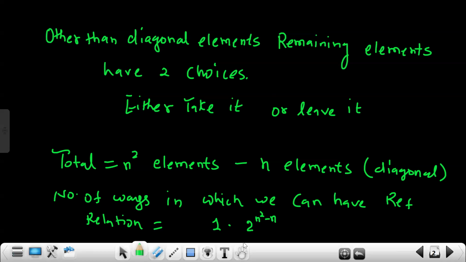Why 2 power? Because each and every element apart from the diagonal has two choices, either to take it or not to take it. So there are n square minus n elements.